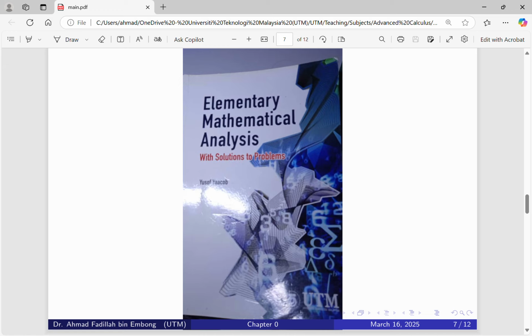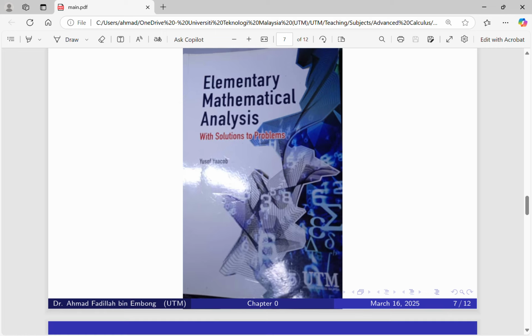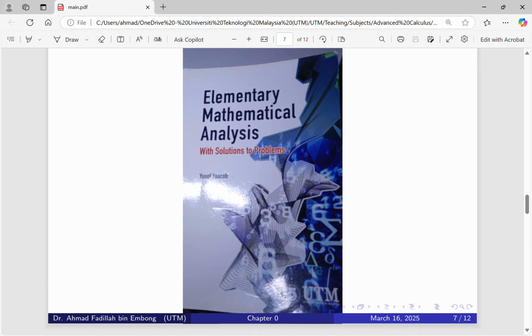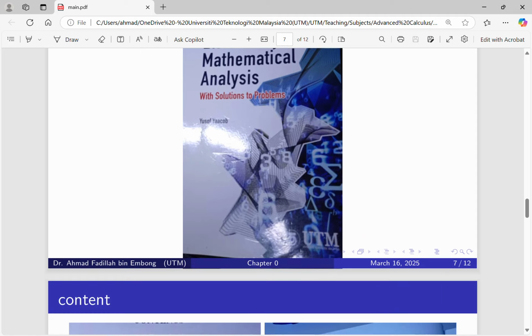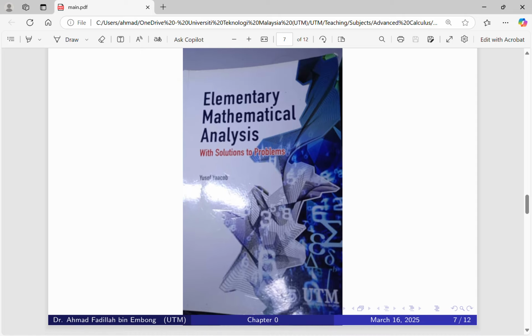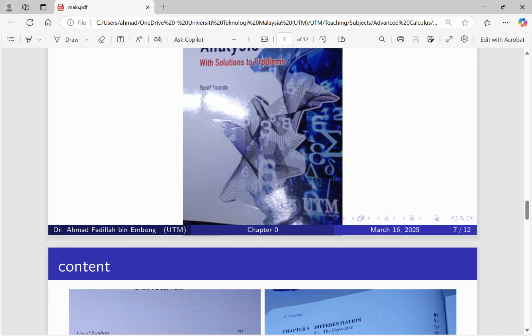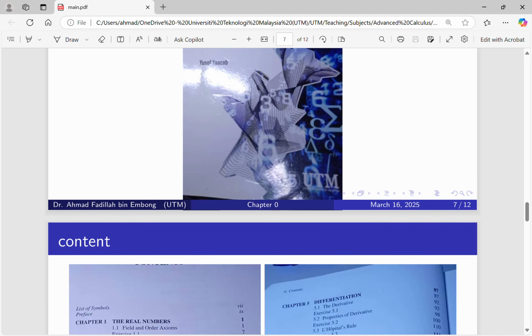If you live near UTM, you can go to UTM Penerbit and buy this book from there. I think you can get some discount if you buy from the Penerbit.